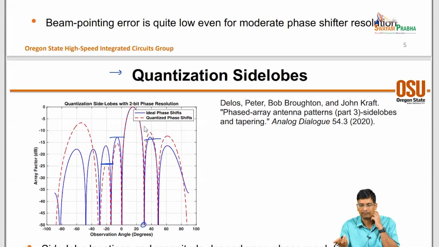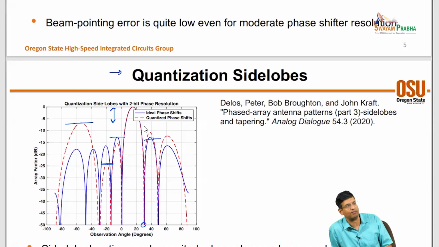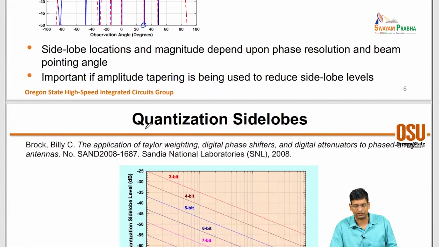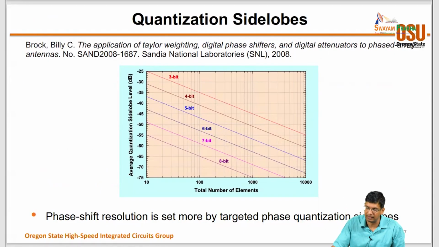So I can basically have a metric where I see, okay, what is the quantization peak to side lobe or peak to worst case null level sort of error that happens. And what I find is that error gets impacted by phase shift resolution. But even that error goes down quite a bit when you increase the number of elements in the array.